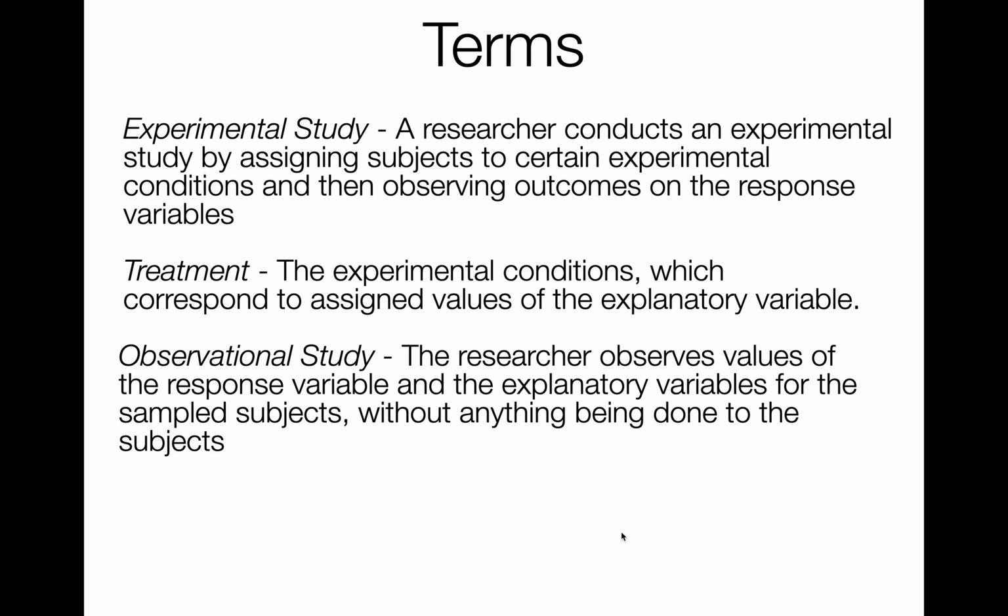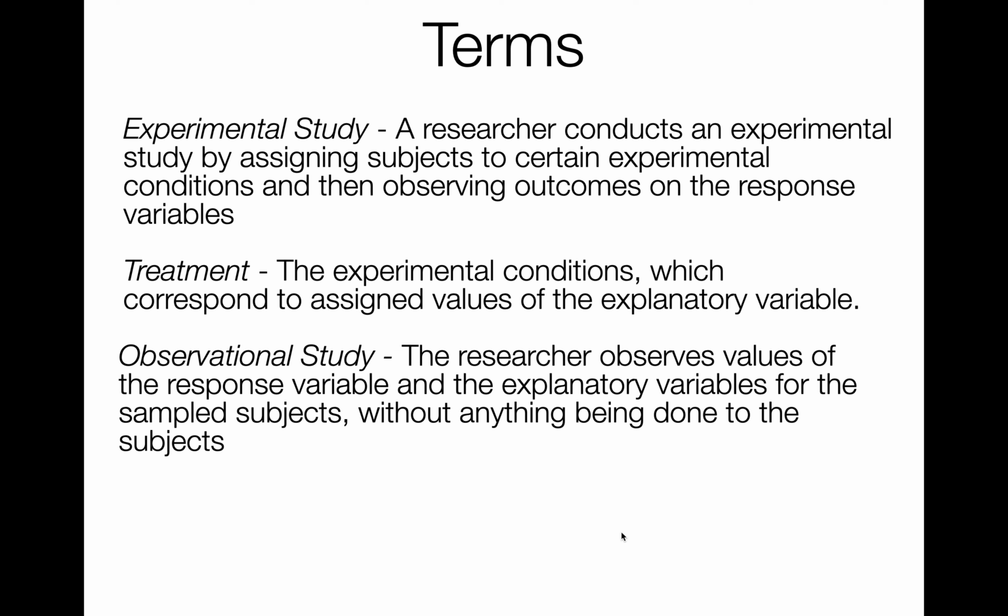So that's a treatment. An observational study, which is different than an experimental study, is when the researcher simply observes values of the response variable and the explanatory variables for the sampled subjects without anything being done to the subject.